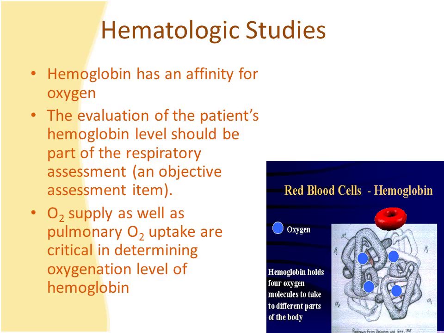So if there aren't enough hemoglobin molecules or there aren't enough red blood cells, then the patient is going to have a low oxygenation. So conditions that cause blood loss, conditions that reduce the number of red blood cells, or conditions that reduce the production of hemoglobin, even though there are adequate numbers of red blood cells, are all going to affect oxygenation.